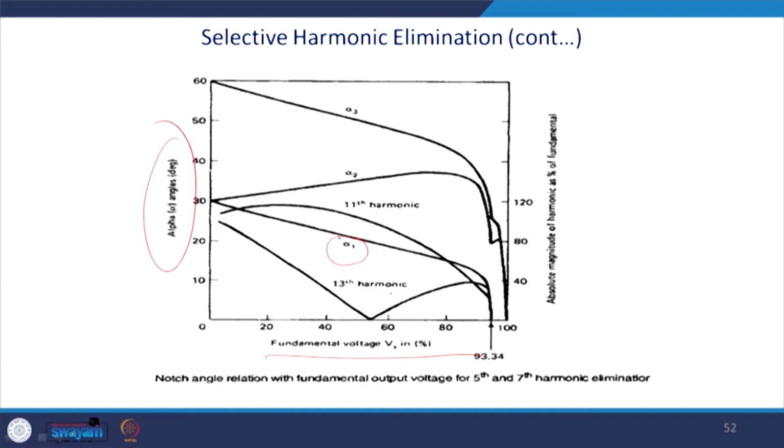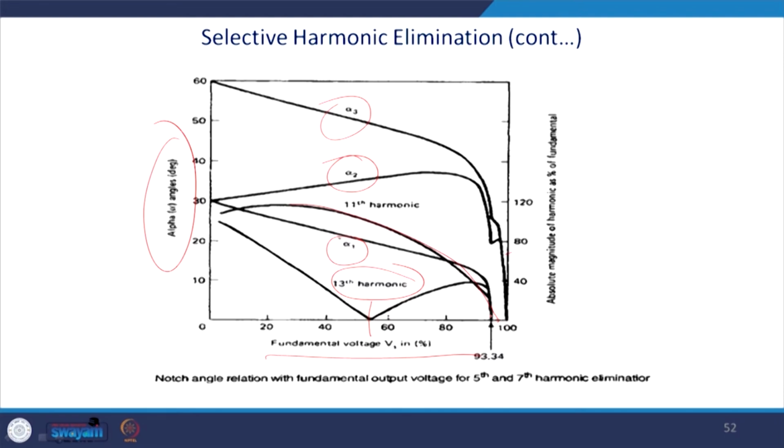You can see that this is the 13th harmonic. The 13th harmonic will be initially high, gradually it will come down here and thereafter will increase. Similarly, this is for alpha 3 and this is for alpha 2 and this is the 11th harmonic. So, the 11th harmonic will have this kind of pattern.